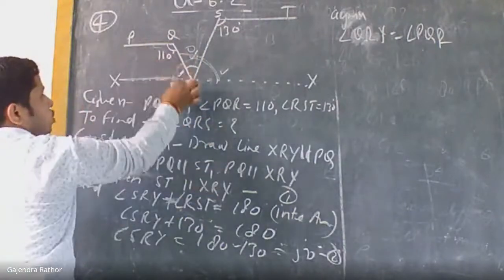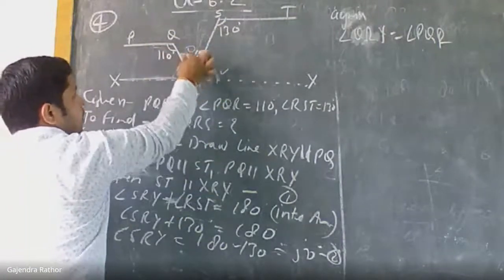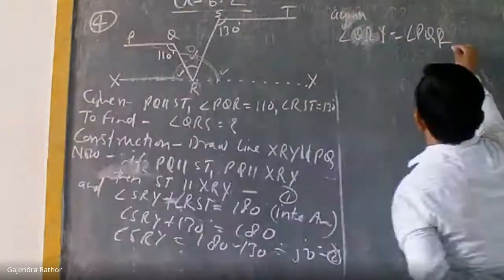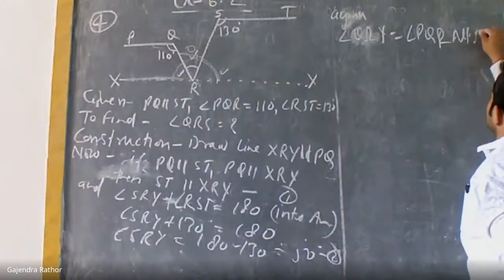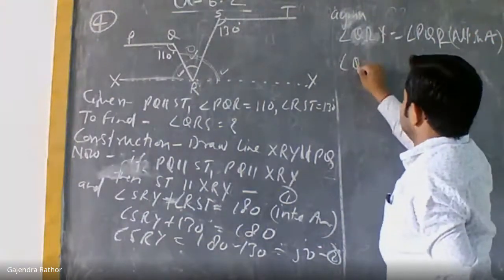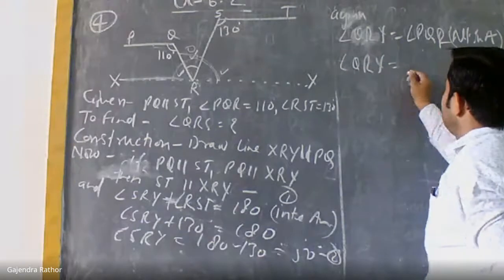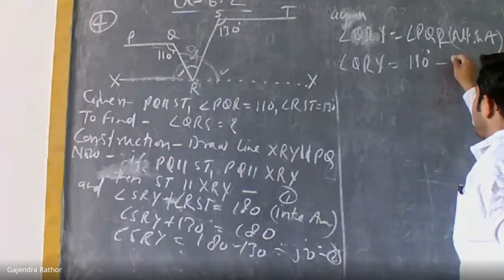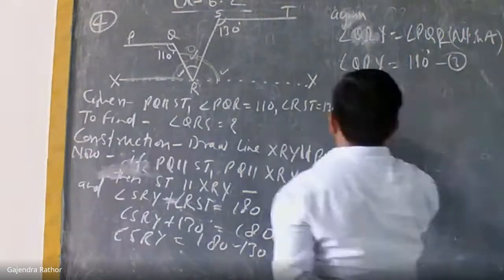So for these two lines, this is the transversal and these are the alternate interior angles. So QRY is equal to PQR, 110. Question number third.